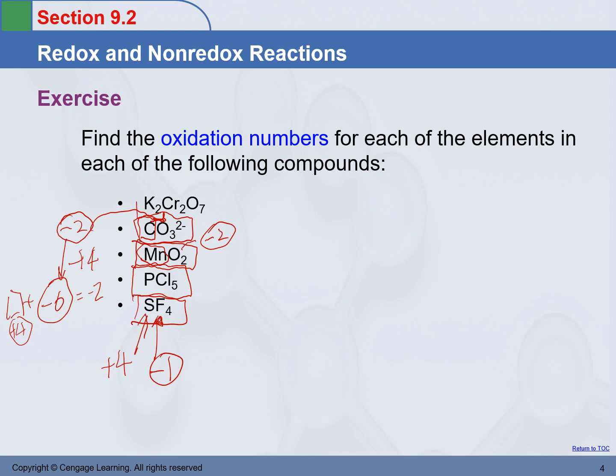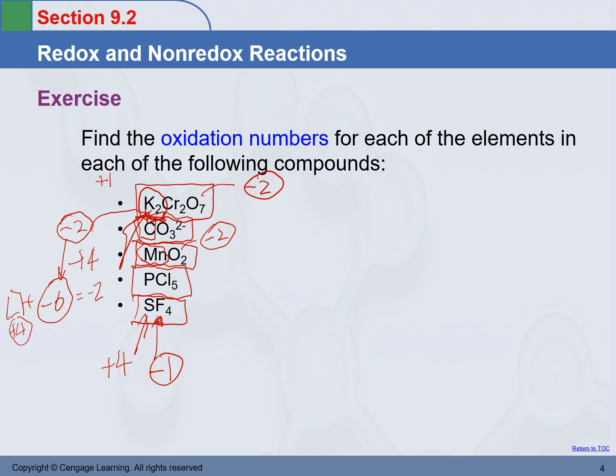The last one, potassium dichromate. This is a little challenging. Okay, there are 3 elements. Which one do we work on first? Of course, we work on the ones that we know right away. Oxygen, we know -2. Potassium is an element in column 1A, so we know it is +1.